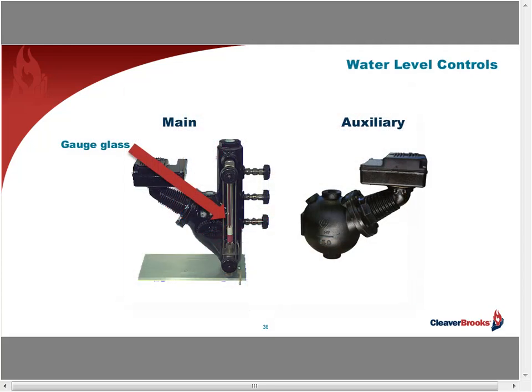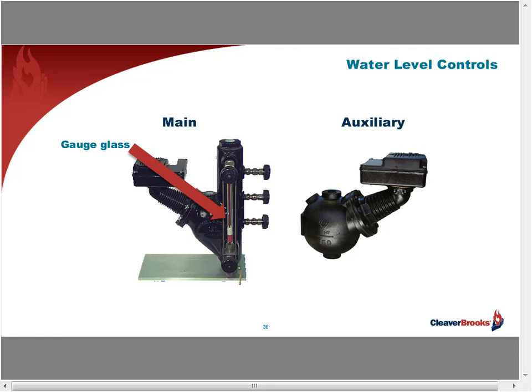And then there's what I consider to be really the most important safety devices on the boiler: the main low water cutoff pump control combination and the auxiliary low water cutoff. We have to make sure they are in good working order. And the gauge glass, note the red arrow, is not etched or slightly cracked, because if it is, it can explode, sending shards of glass throughout the boiler room in addition to scalding steam and hot water.